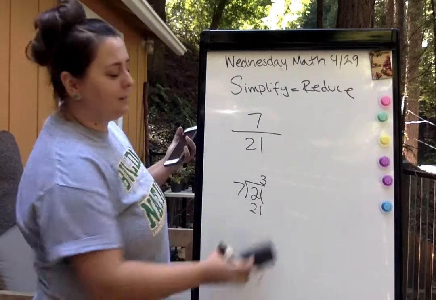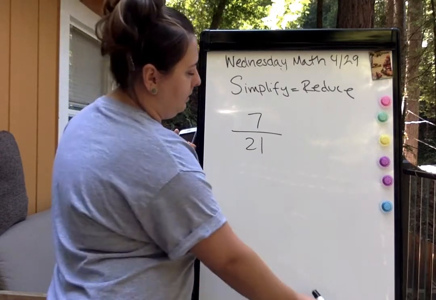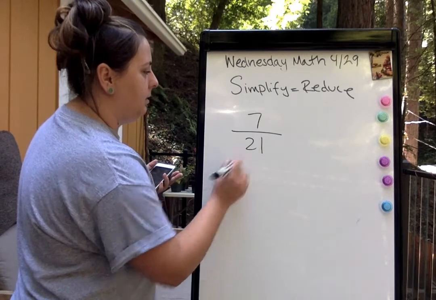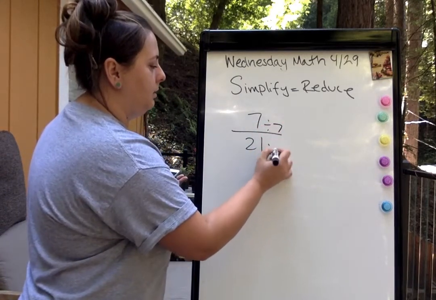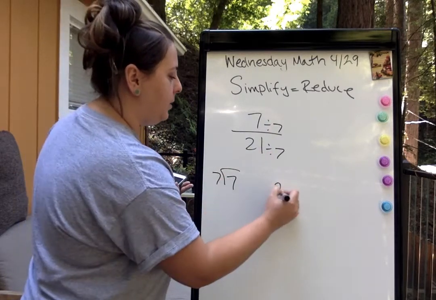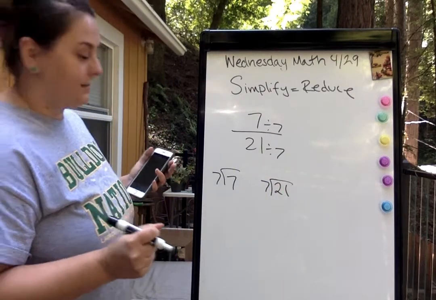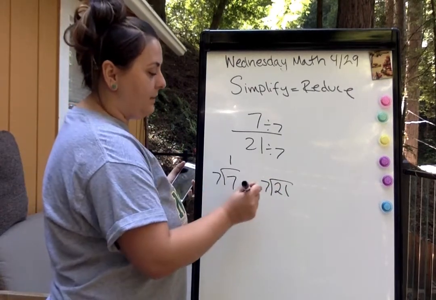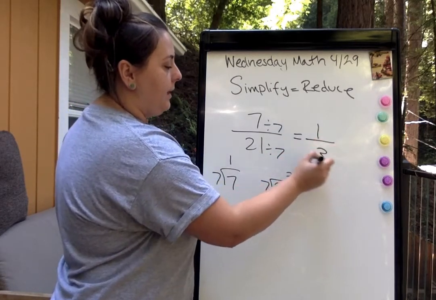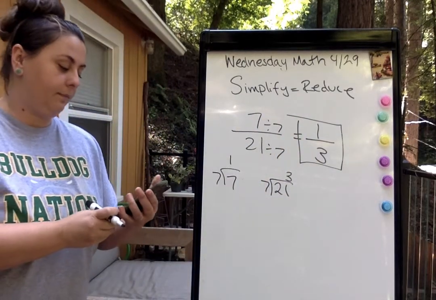I need you guys to pick out my mistakes. Okay? So it's going to be 7 divided by 7 and 21 divided by 7. Sorry, guys. 7 goes into 7 one time. 7 goes into 21 3 times, for a total of 1/3. Sorry, I made that complicated.